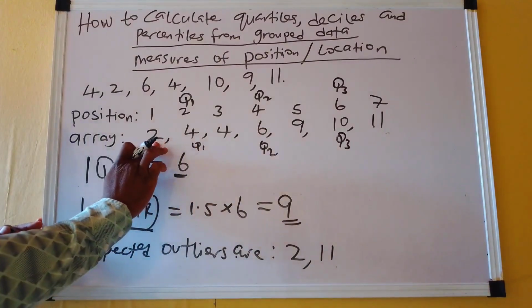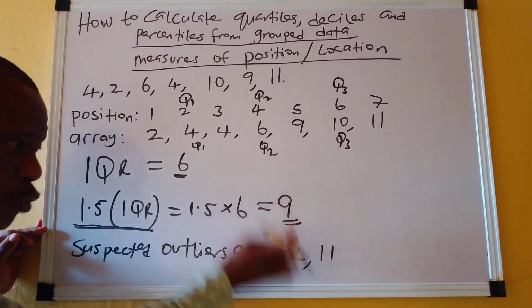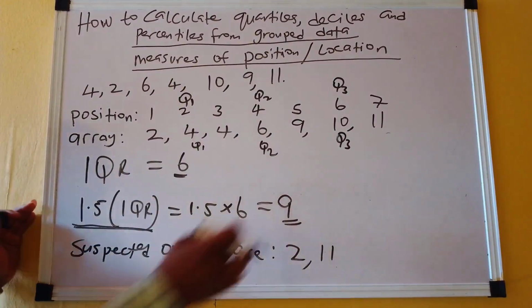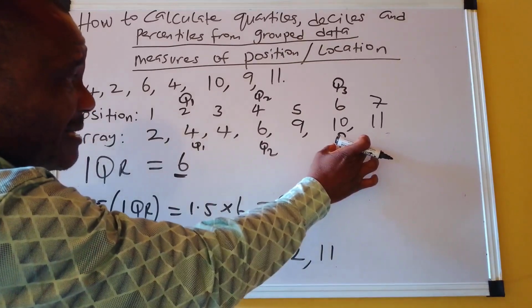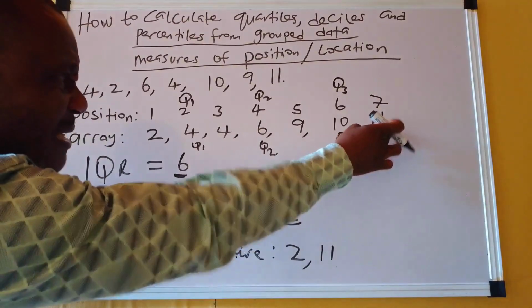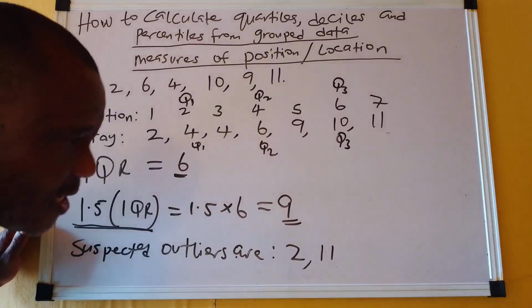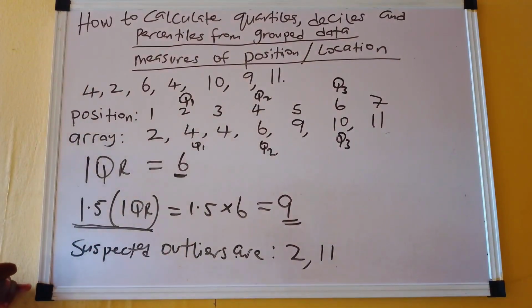We have only one value below the Q1, the first quartile, and that value is 2. 2 is less than 9, so 2 is a suspected outlier. Then we have the third quartile, which is 10. We have only one value above it, that is 11, and 11 is more than 9, so it is also a suspected outlier. So the suspected outliers for this data set are 2 and 11.